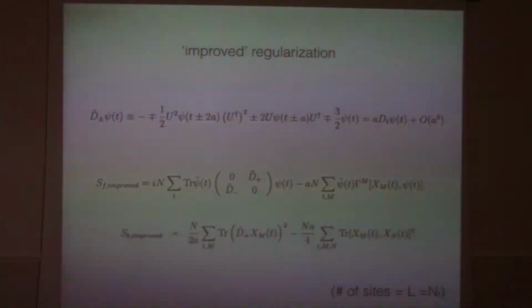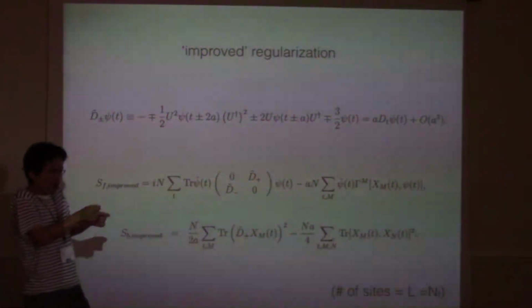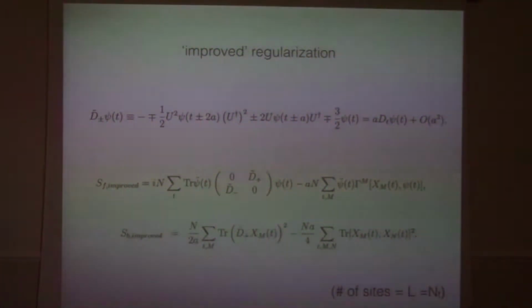The basic idea is to tune the action so that when we compare the lattice action and the continuum action, we expand the lattice action in powers of the lattice spacing a, but tune the coefficients so that the order a term disappears and the correction starts from order a squared or something like that. We can easily do that. We tried both, and we confirmed that they give the same continuum limit. A sanity check.